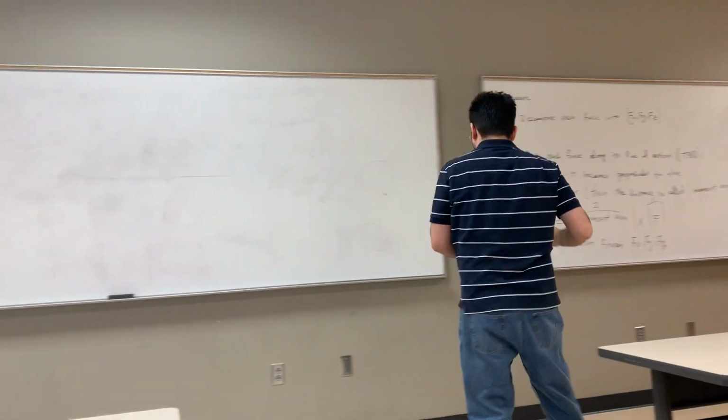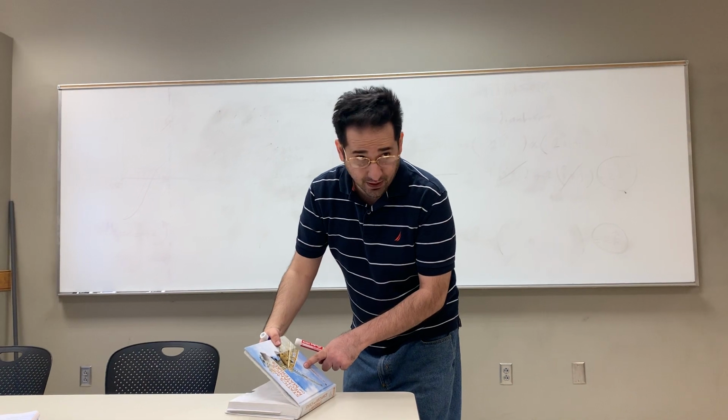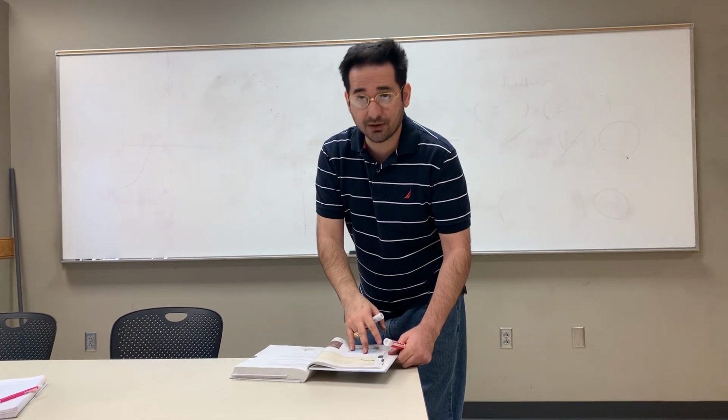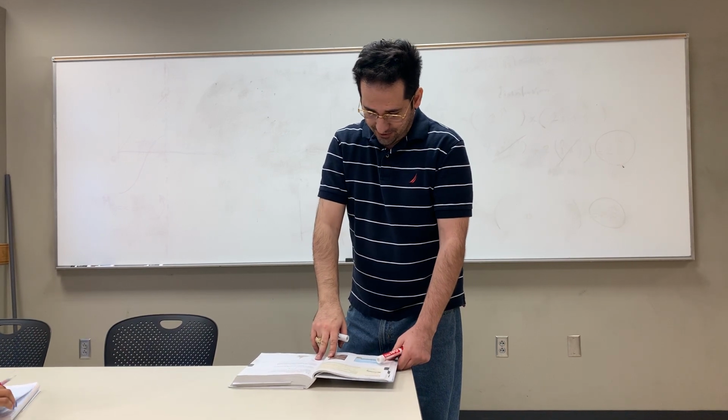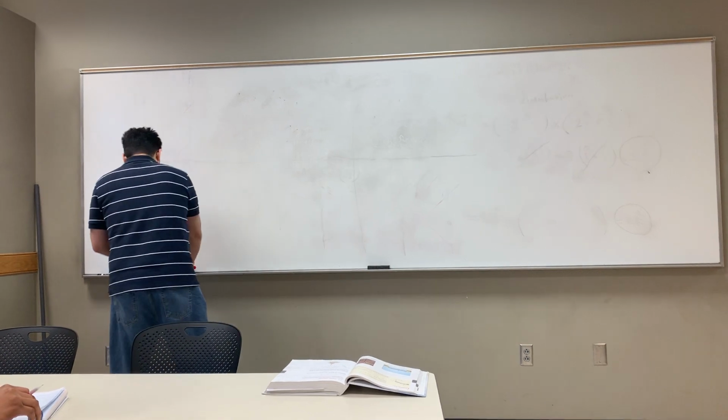Page 82 in the book Vector Statics 5th edition, Hibbeler. Because you're recording it, right? So people who want to follow this instruction, they can get the book and practice it.